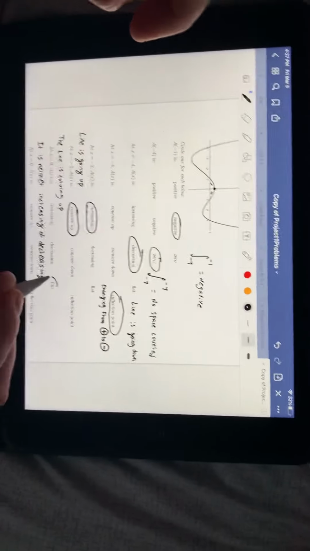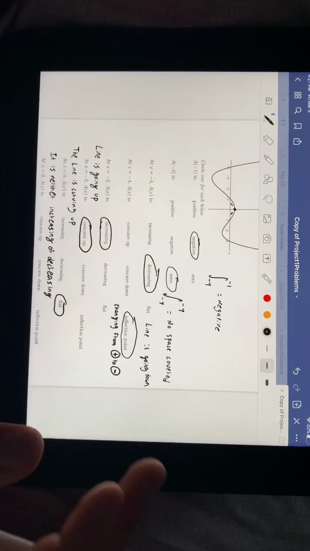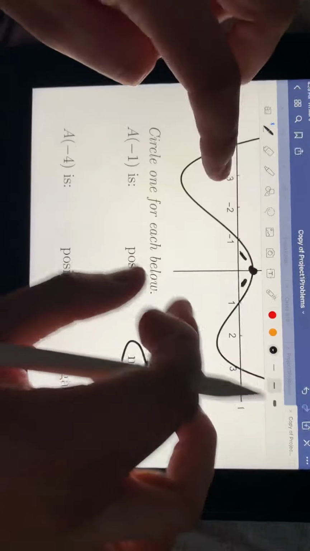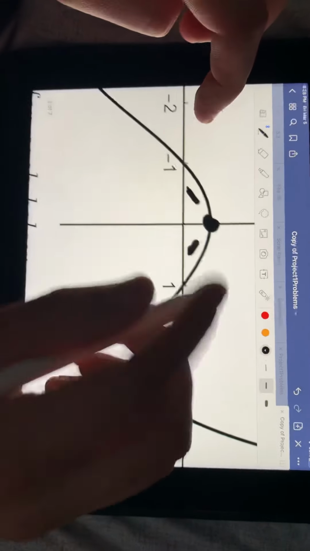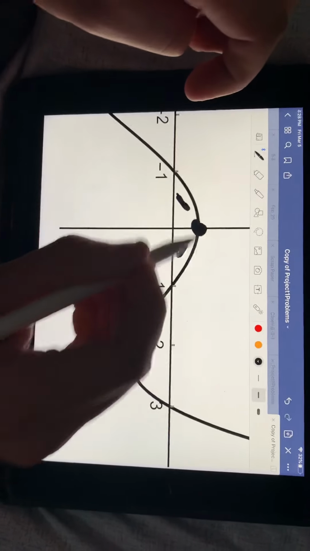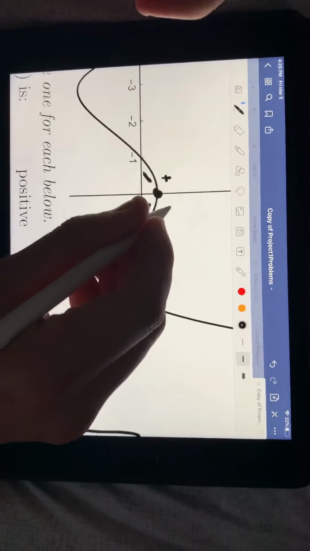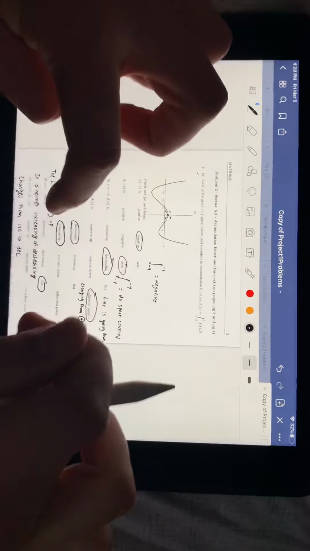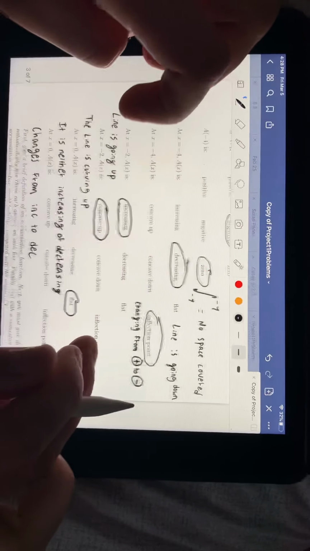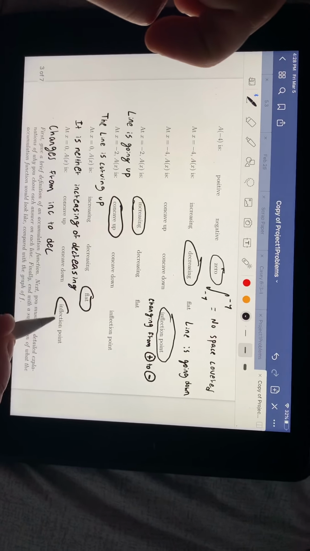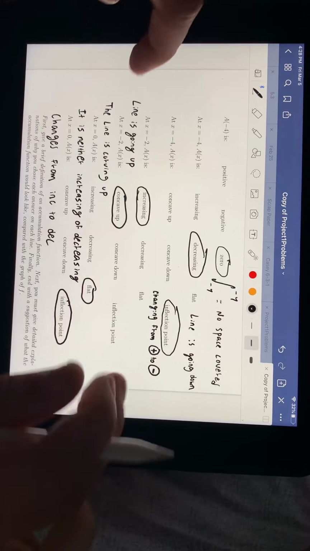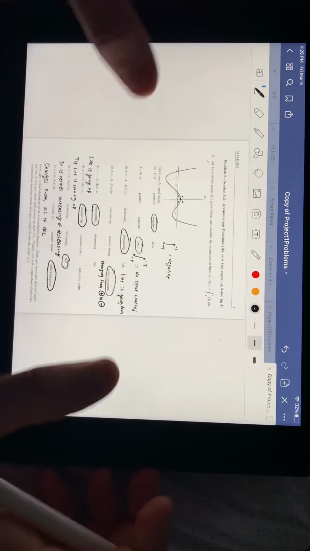And due to those changes of sign, it goes from increasing to decreasing, that'll be called an inflection point. So it goes from positive to minus. Changes signs. Okay. And these are my answers for letter A.